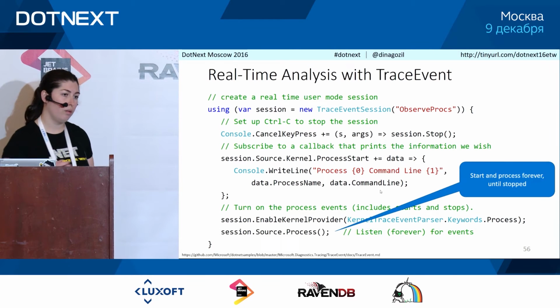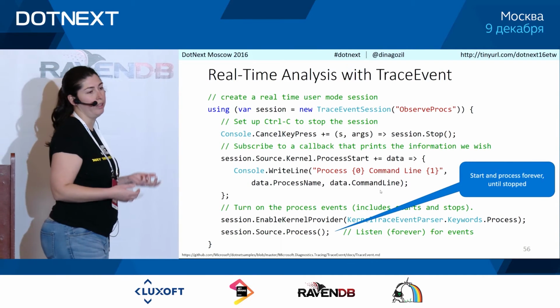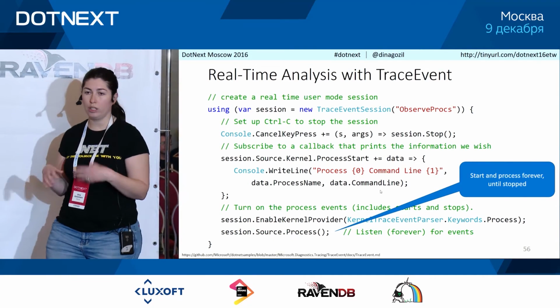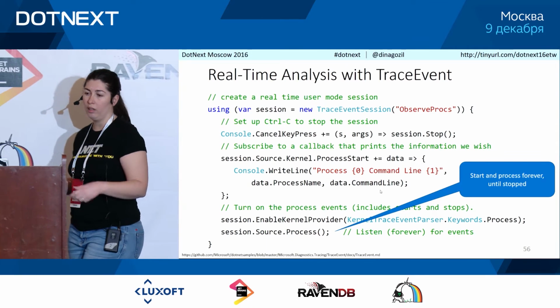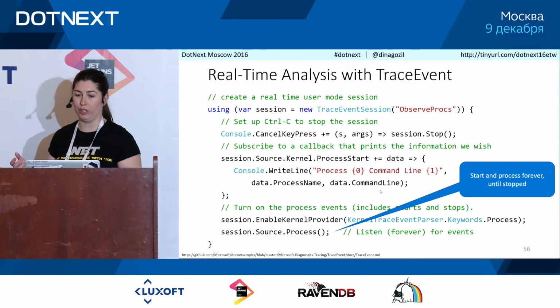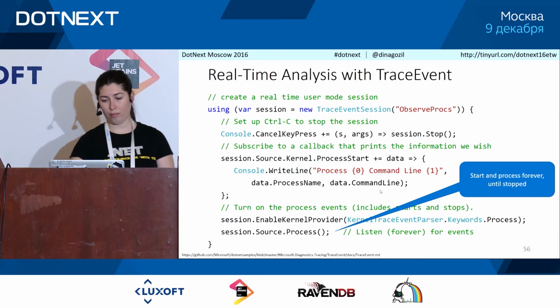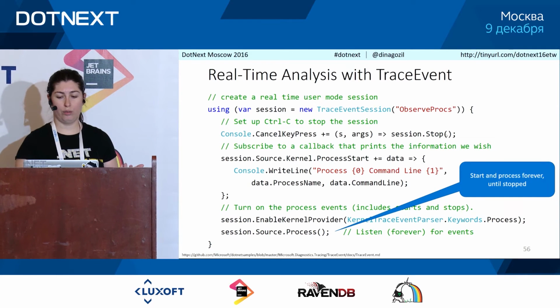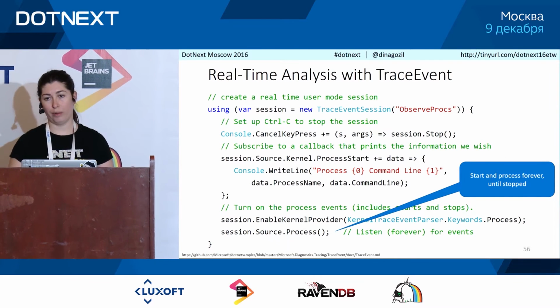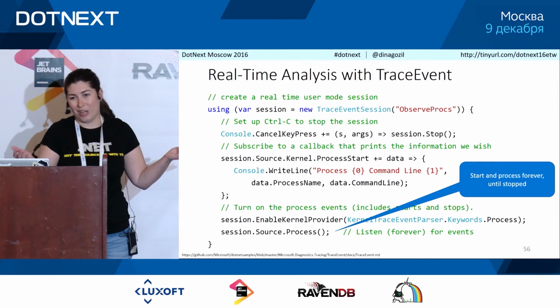And lastly, we're going to start the analysis. Now this function is blocking until we call stop for the session. So that's why we had to register here somehow to stop it. Or if we don't want to stop, that's also okay.